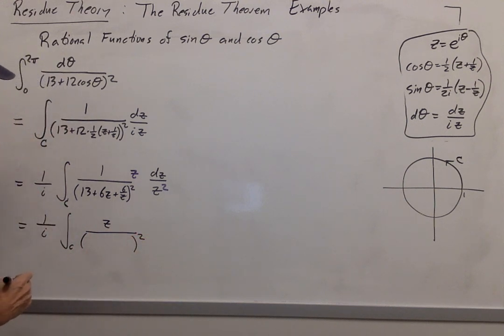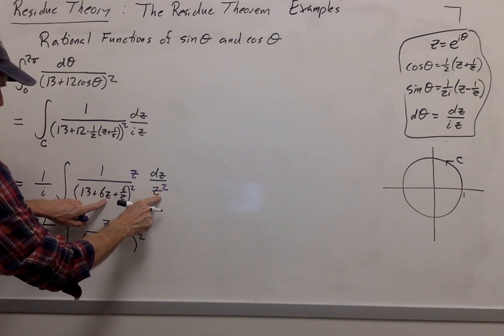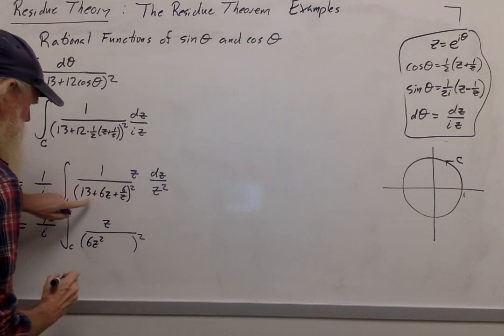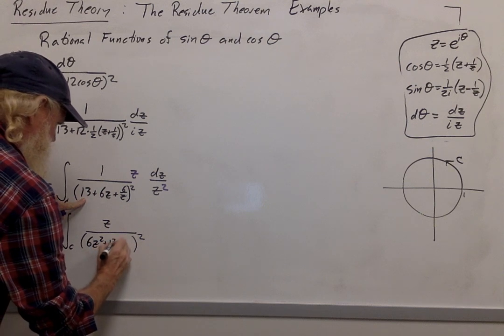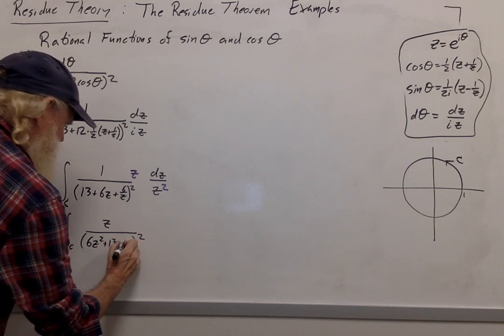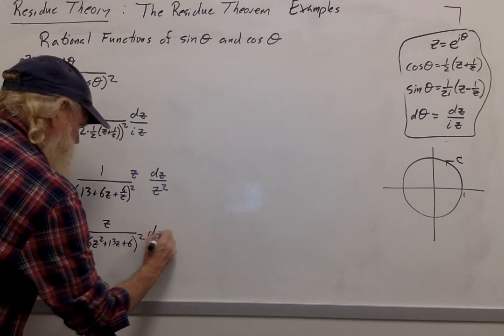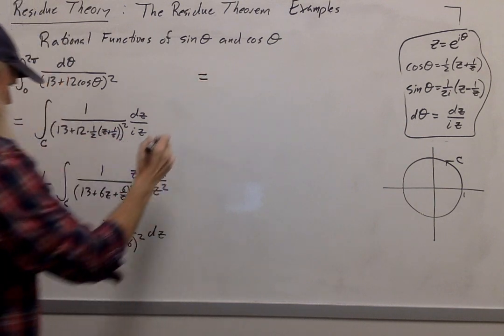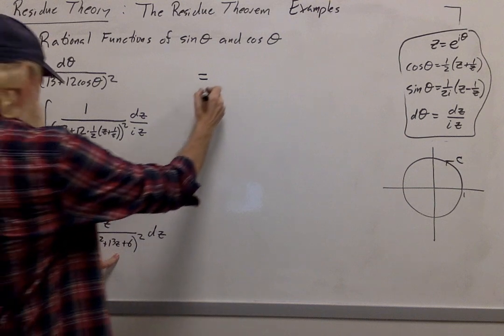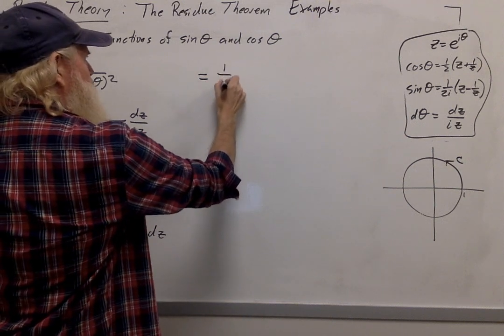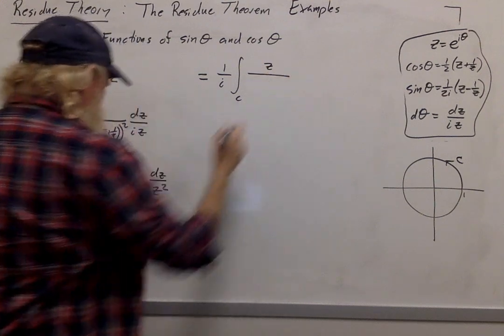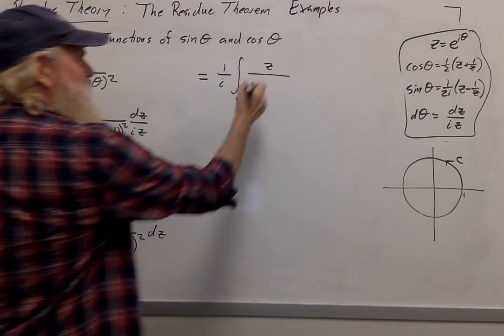I'm going to rearrange a little bit inside. 6z times z is 6z squared plus 13z plus 6. And the polynomial inside parentheses is the same one we had in the previous example. So we know how it factors.